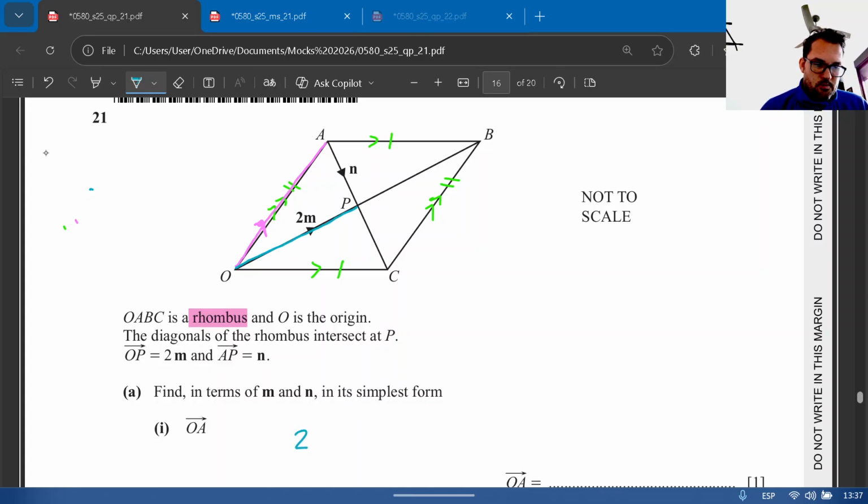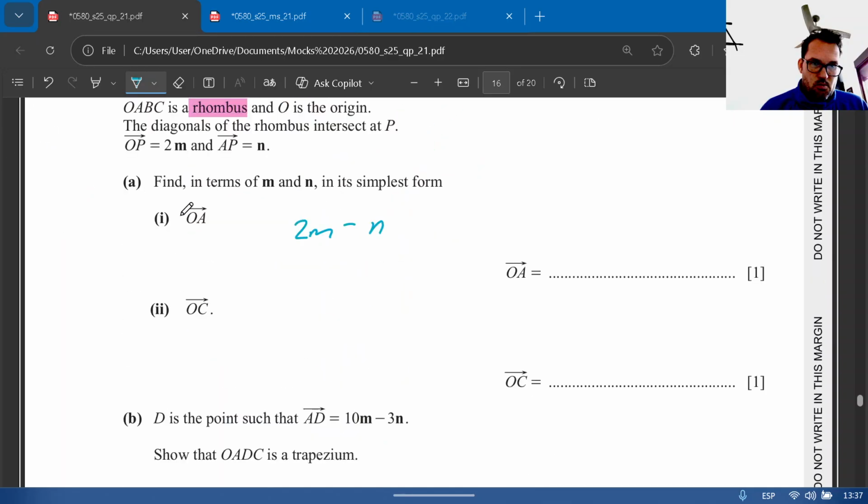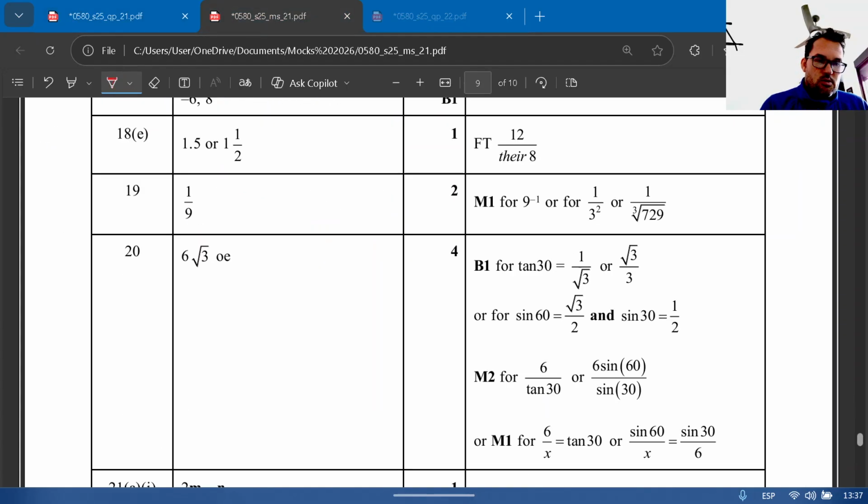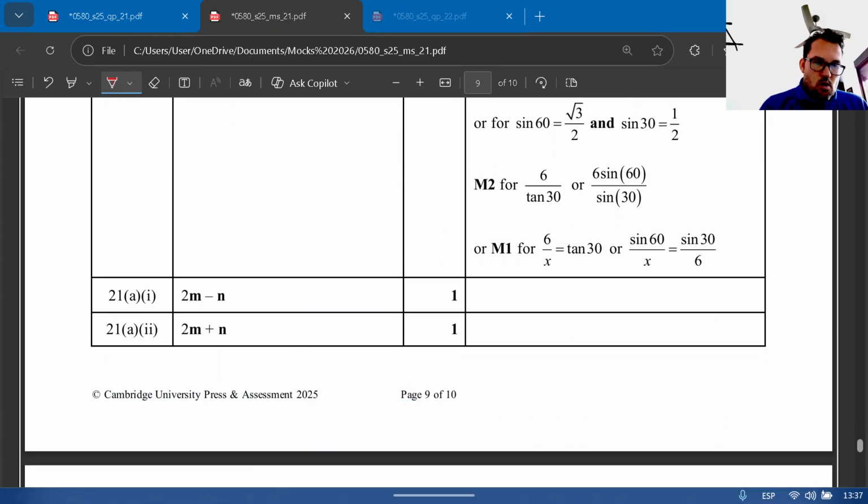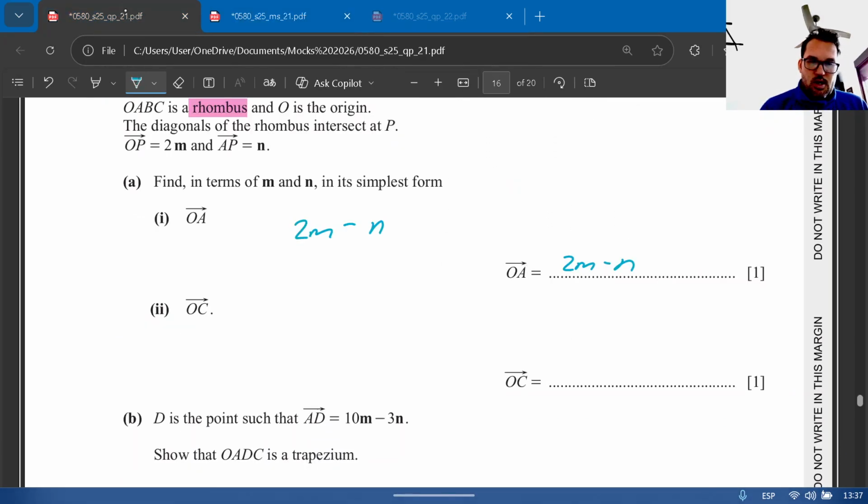So that's going to be 2m. And then we go this way, which is n, but see there we went with 2m, we're going in the opposite direction, so that's minus. And that will be 2m minus n. Not too difficult, this is why this counts. 1 mark, 2m minus n.